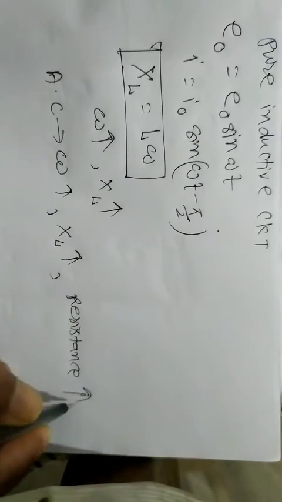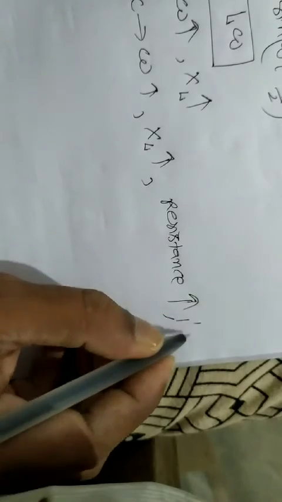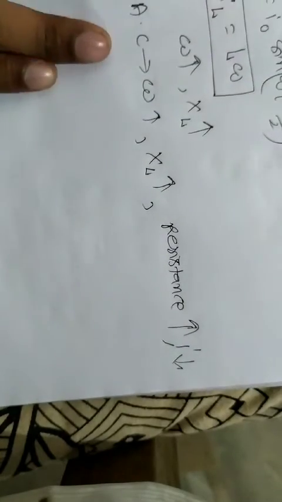And if resistance increases, then current will decrease. In AC, omega is very high, so current will be very low, which means negligible.